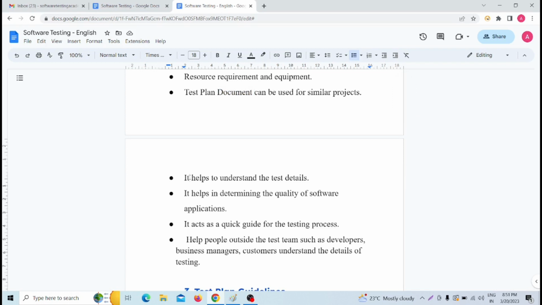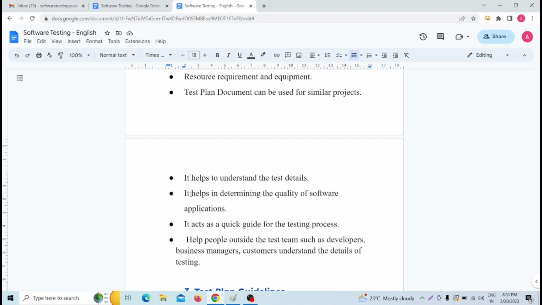The next one, test plan helps to understand the test details, obviously, because in the test plan we are documenting everything: test strategy, test times, test schedule, test resources, everything we are going to document. So that's why the test plan also helps to understand the test details.